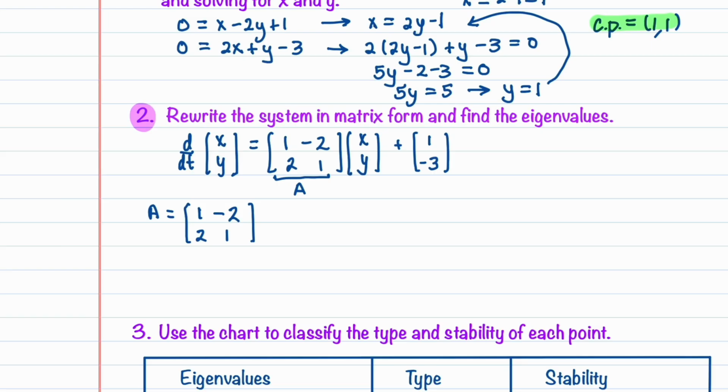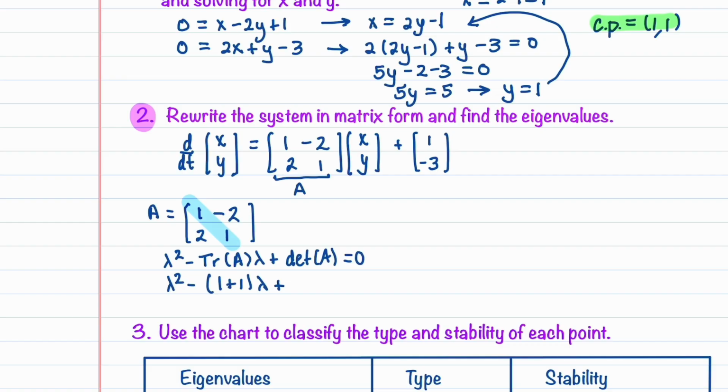This one is not a diagonal matrix, so we are going to need to use the characteristic equation to find lambda. Our characteristic equation is lambda squared minus the trace of matrix A times lambda plus the determinant of A is equal to 0. So this is lambda squared minus the trace, which is just the sum of the diagonal entries, so that is 1 plus 1, times lambda.